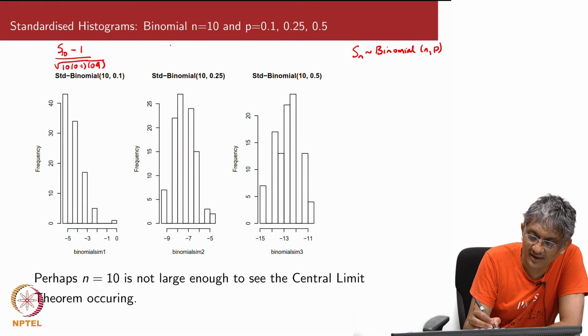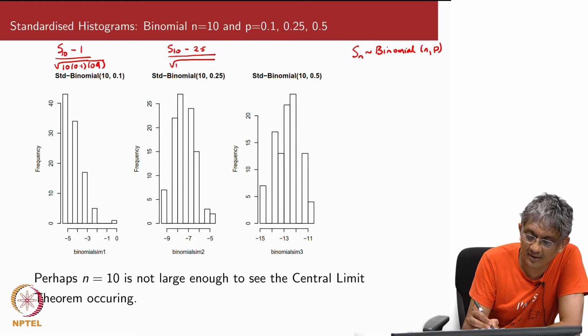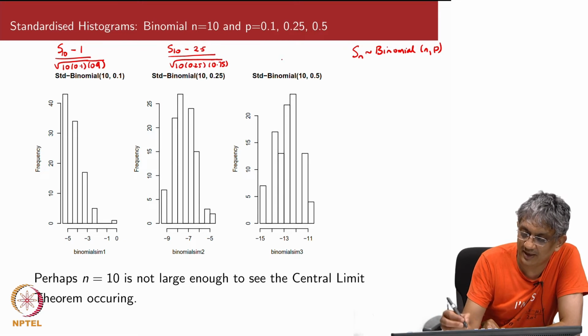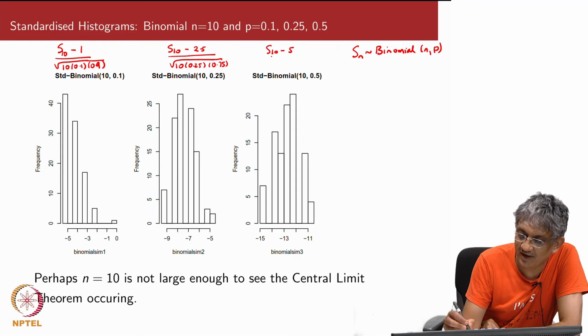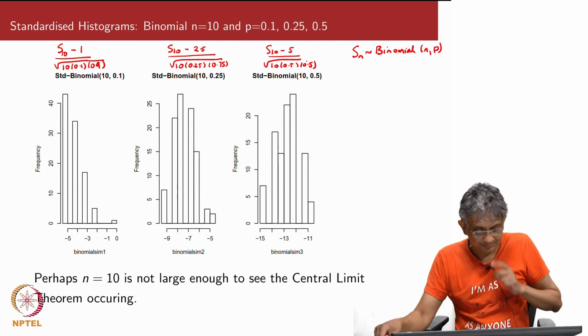Here I'm doing S10, n is 10 but p is 0.25, so the mean is 2.5, the whole thing divided by the square root of 10 times 0.25 times 0.75. And here I'm plotting S10 minus 10 times 0.5, which is 5, the whole thing divided by the square root of 10 times 0.5 times 0.5. That's the plot I'm doing.